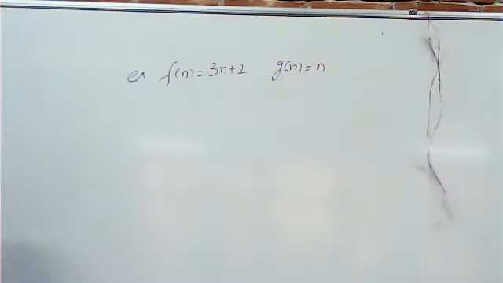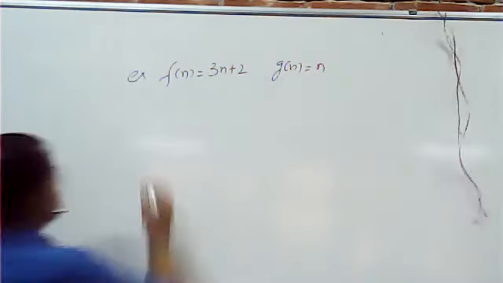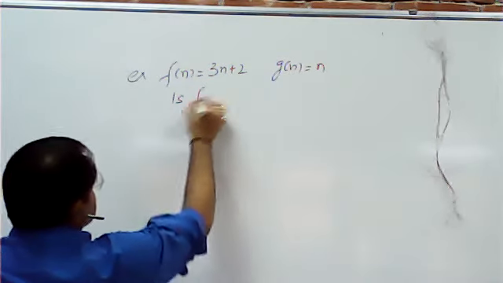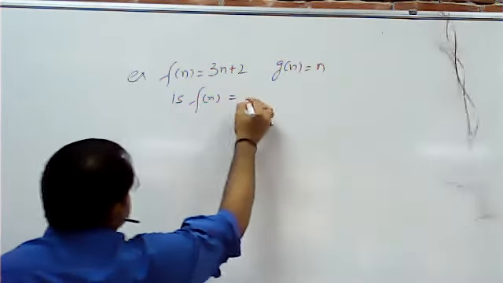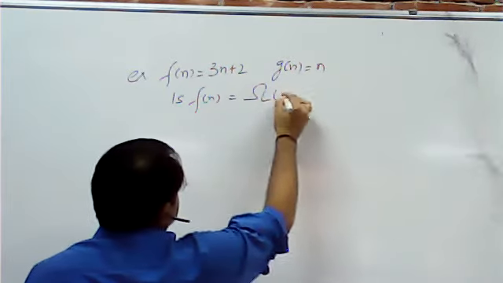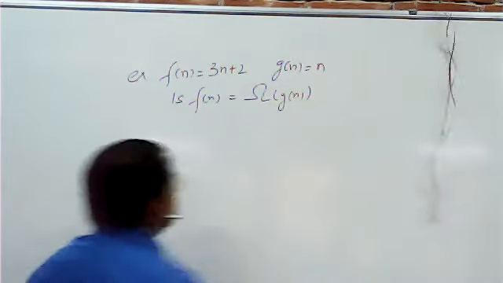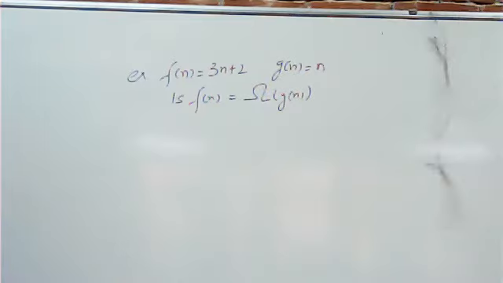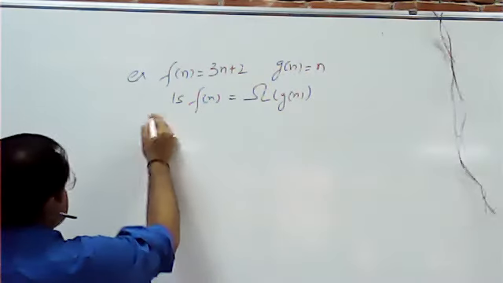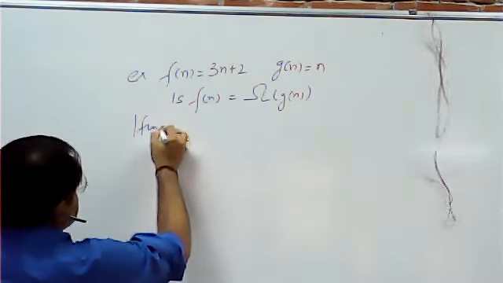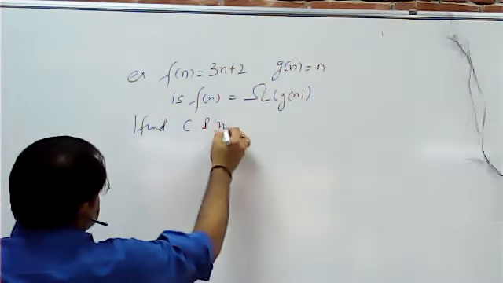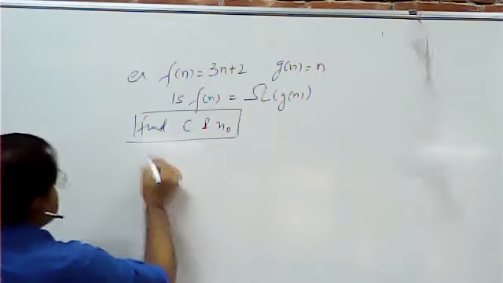We'll see whether Fn is omega of Gn or not. Again we have to find C and n naught.